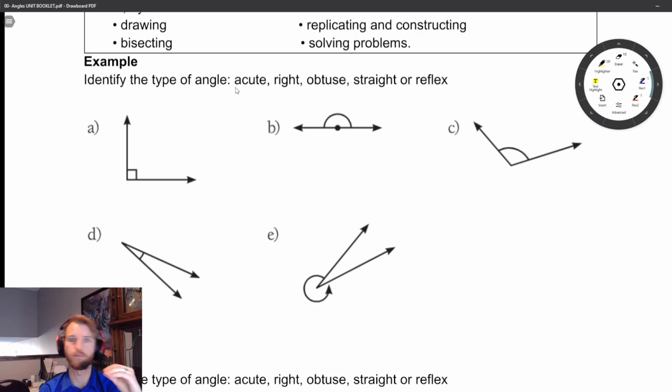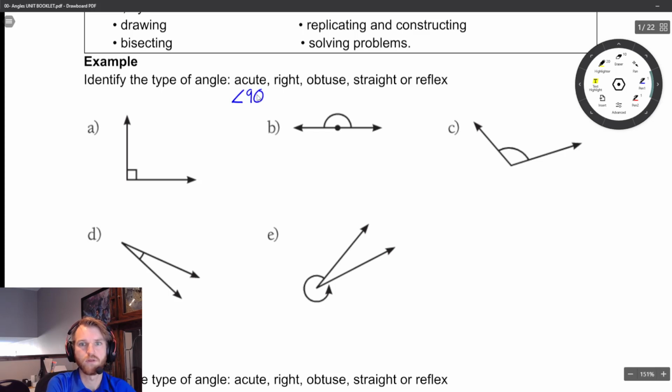Acute being small, it's an angle that is less than 90 degrees. The other way I could say this is between 0 and 90. Those are acute angles. On here, an example of an acute angle would be this one.